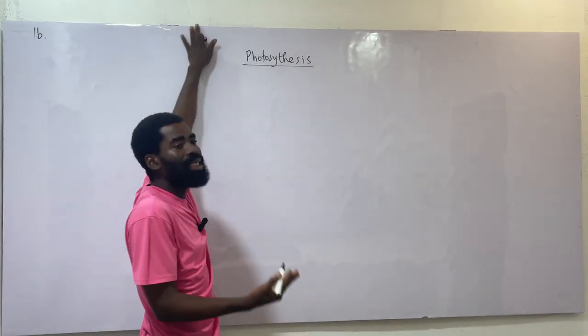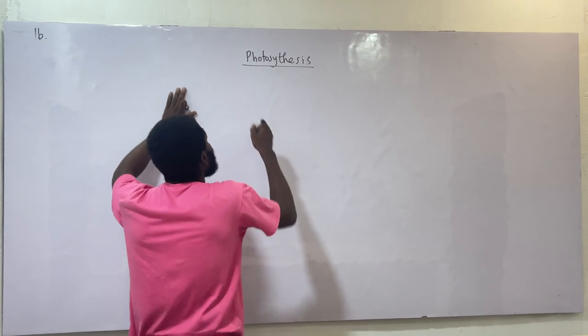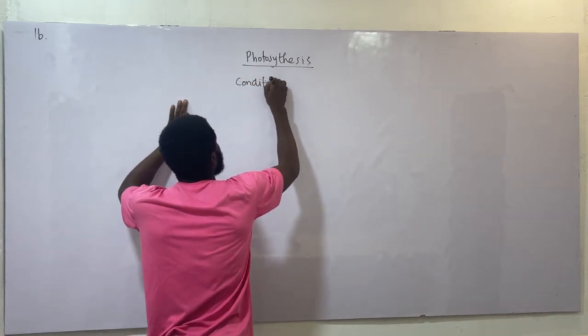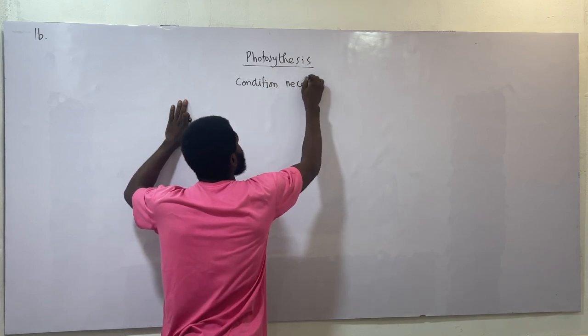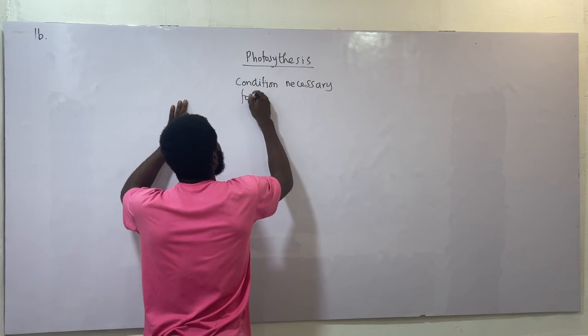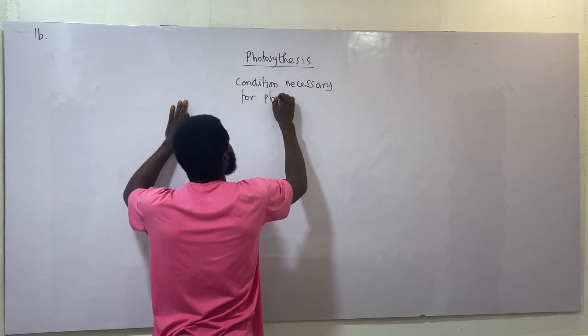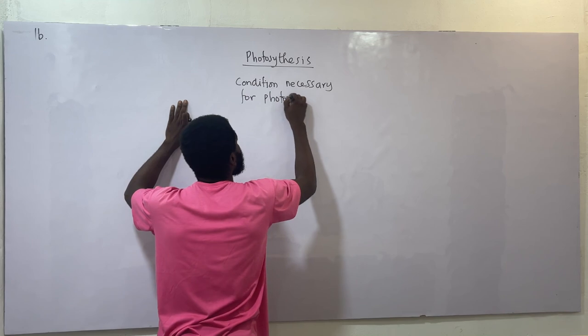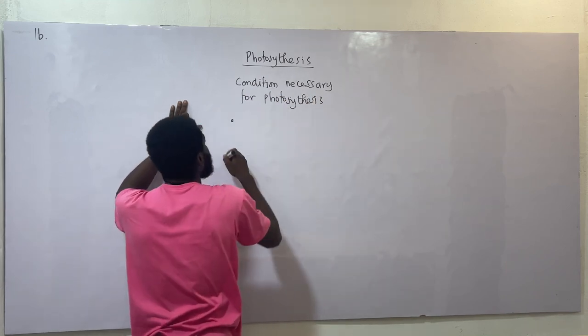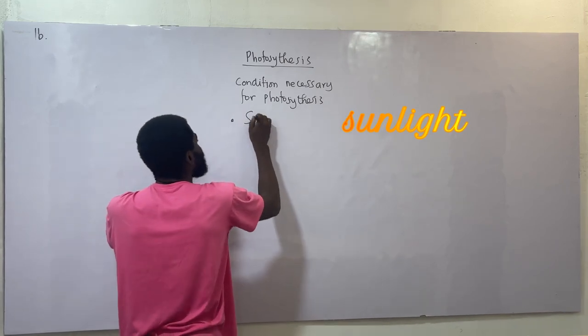Now there are conditions necessary for photosynthesis to occur. Conditions necessary for photosynthesis, and one of them is what? Sunlight.